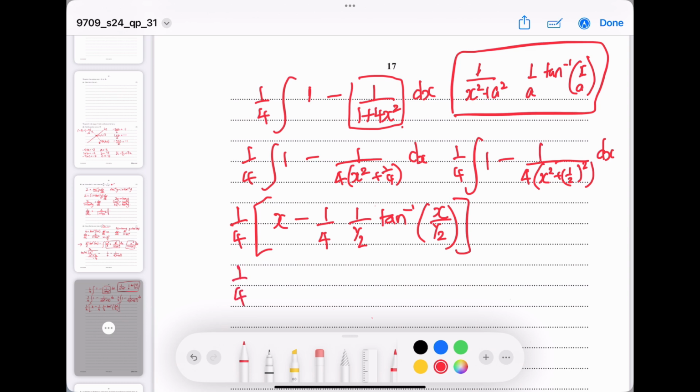So that's 1/4 x minus. So 1 divided by 1/2 is 2, so that's going to be 1/2 tan to the minus 1. Again, that's going to become 2x.